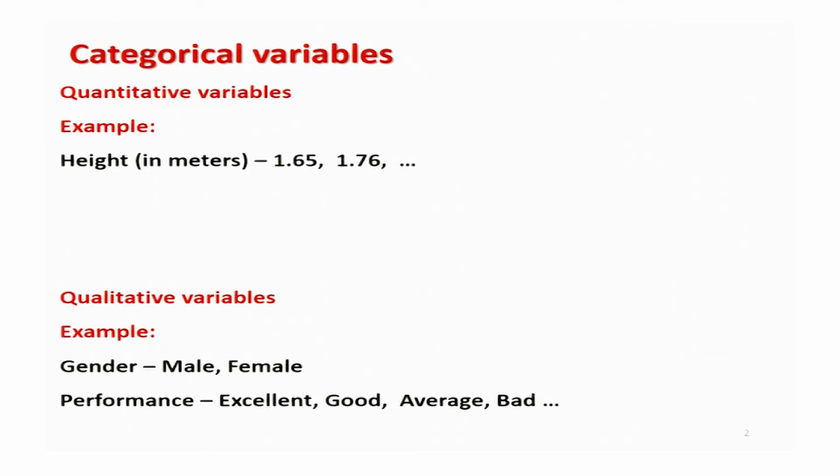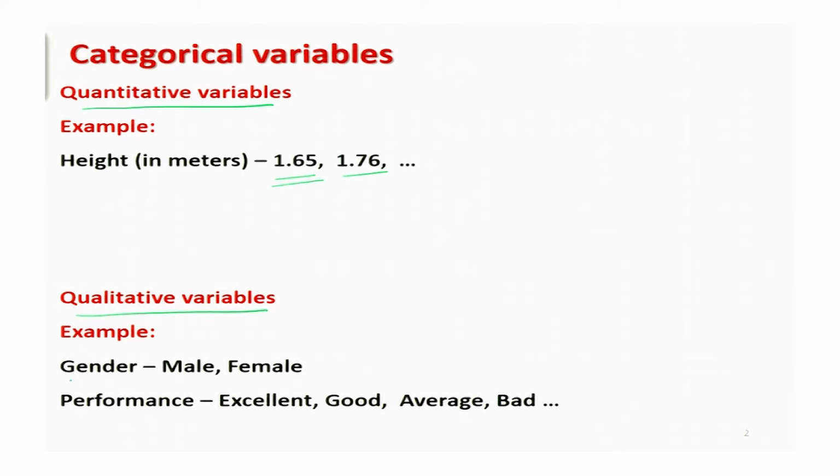Okay, so if you try to see, we have 2 types of variables. One is quantitative variables, in which we try to get the data on their numerical value, like height, that is measured in meters, 1.65 meter, 1.76 meter, etc. And another type of variables are qualitative variables.